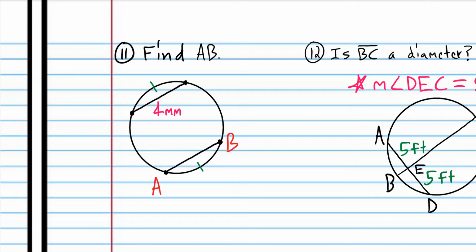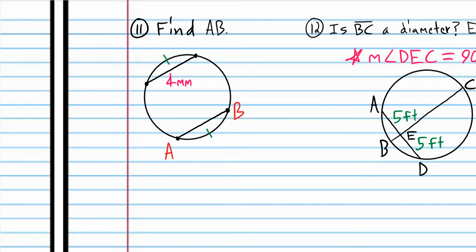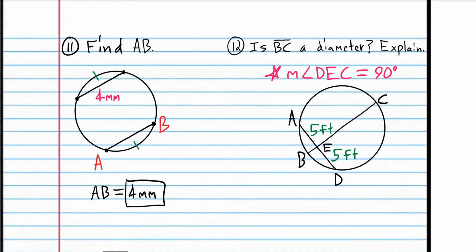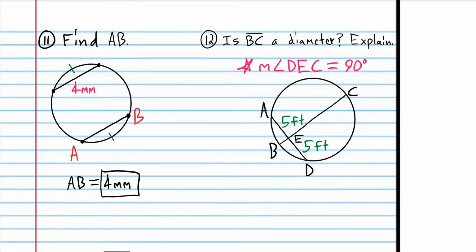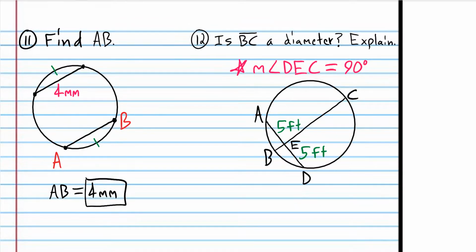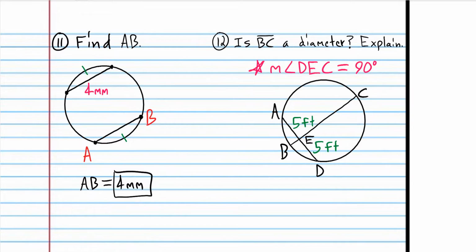And we know that those arcs are congruent because of those green tick marks. So the chord lengths are the same value. So AB must be equal to 4 millimeters. So that was a pretty easy problem. If you got that one right, good job. Again, some of these are easier than others. Try number 12, and when you come back, we'll do it together.